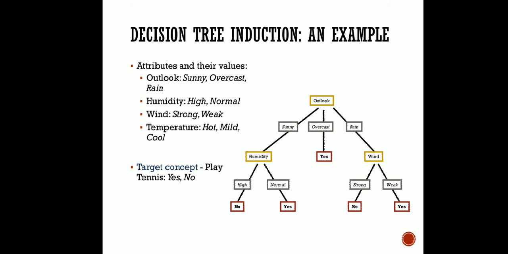After the construction of the whole decision tree, I will tell you the details, but just look at the diagram. Here we have used outlook, we have used humidity, see the yellow color boxes, and we used the wind. We are not using temperature at all. If you learn how to construct this decision tree, then you can understand that temperature is not an essential feature at all.